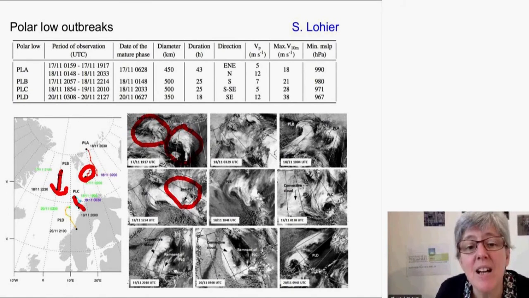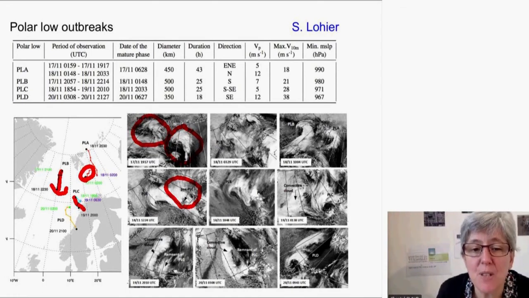And finally, an extremely strong polar low formed at the end, that was polar low D, and it formed a little bit to the west compared to polar low C, and it went southward.